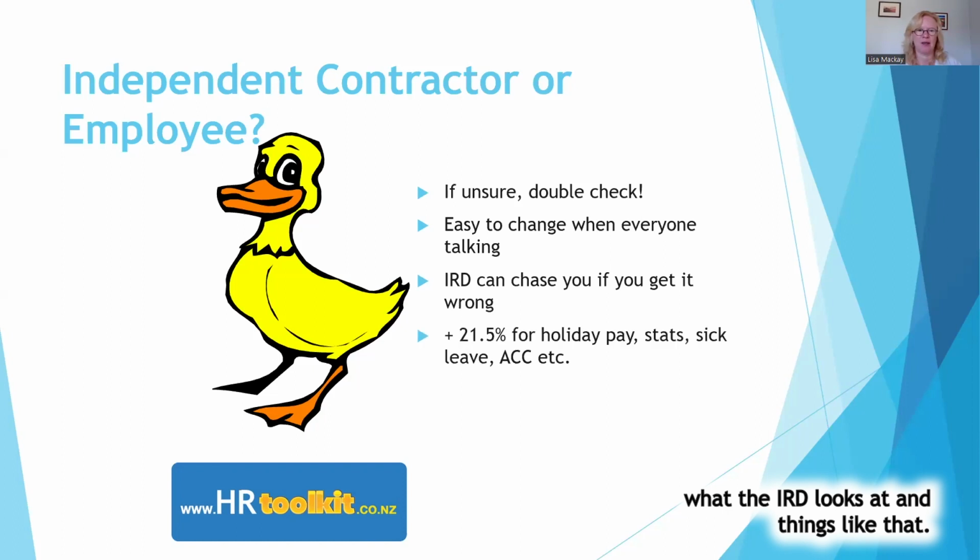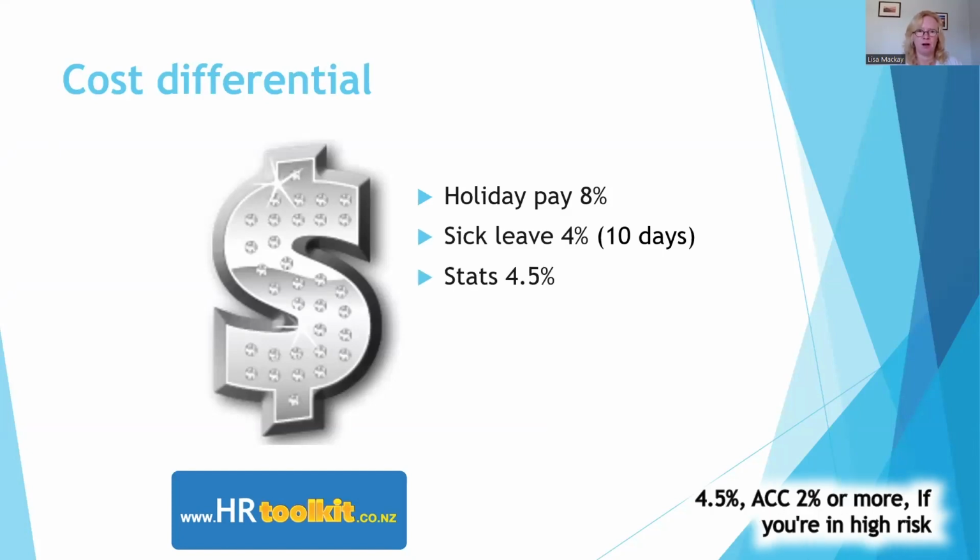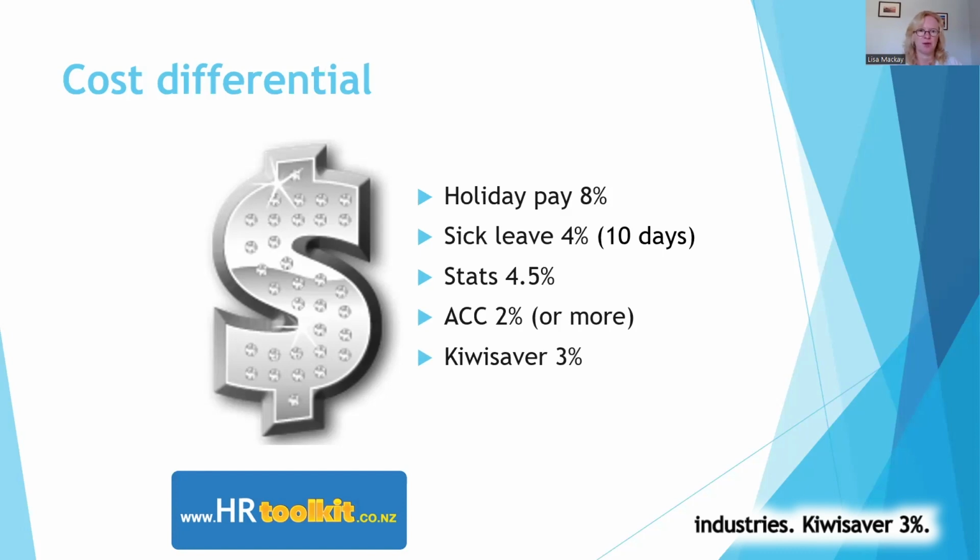and things like that. And what you need to also be considering is the difference in cost between an employee and a contractor is 21.5%. And that is made up of holiday pay at 8%, sick leave up 4%, stat days 4.5%, ACC 2% or more if you're in high risk industries, KiwiSaver 3%.